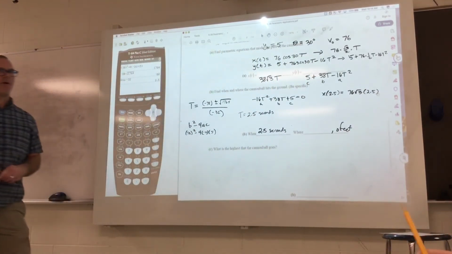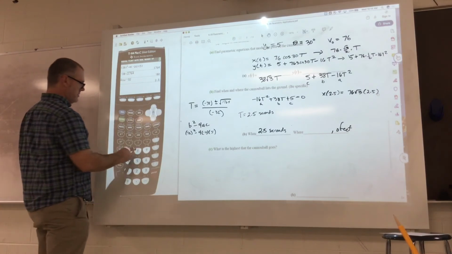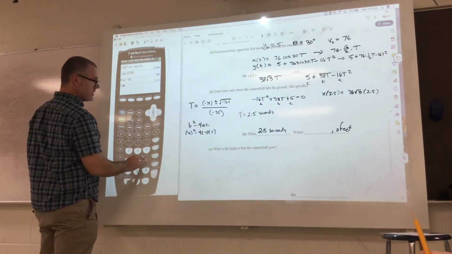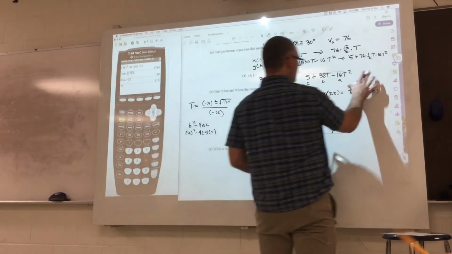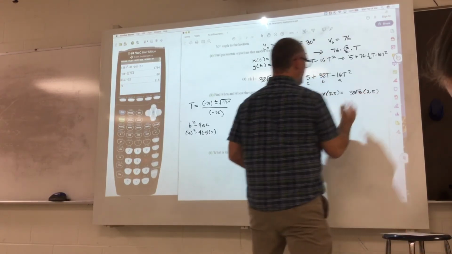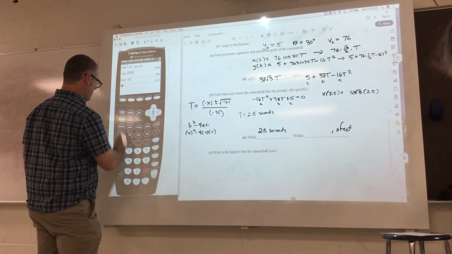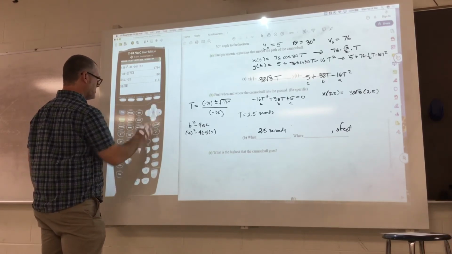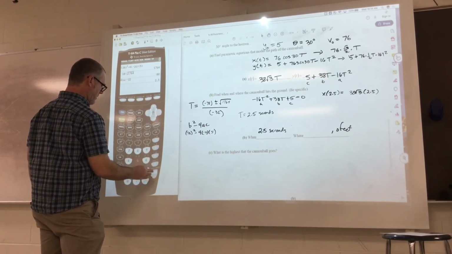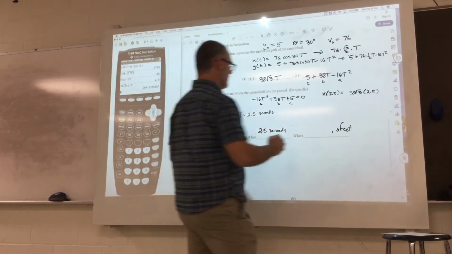We need to find the x equation at 2.5. So we're just going to type in 76. Oh, is that right? Yeah, my bad. 38 root 3 times 2.5. Push to the right, times 2.5, 164.